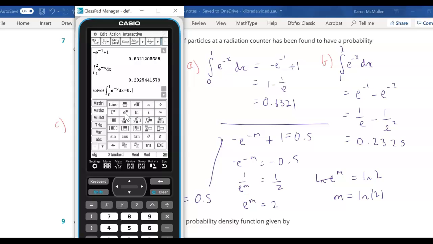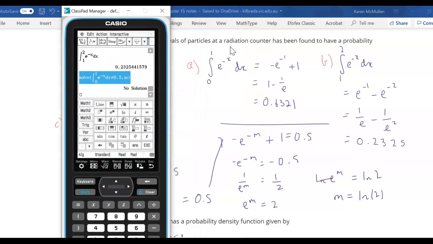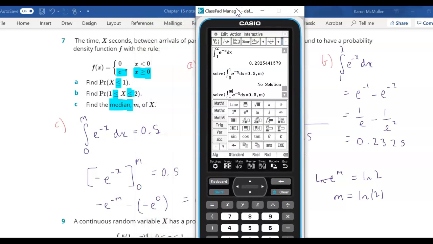What's that? 0.5, comma m. Oh gosh, what did I do? All right, all this talking, and hopefully you picked it up, because I was looking at this definite integral up the top. That's what I did wrong. Going to m, silly me. I was looking at question A, and this was hiding the right definite integral.